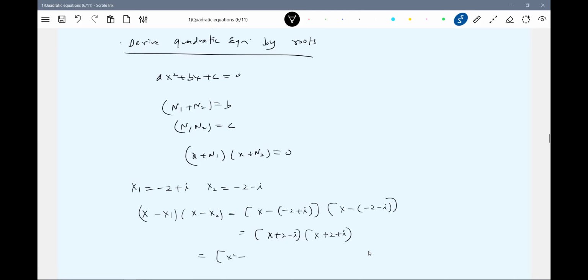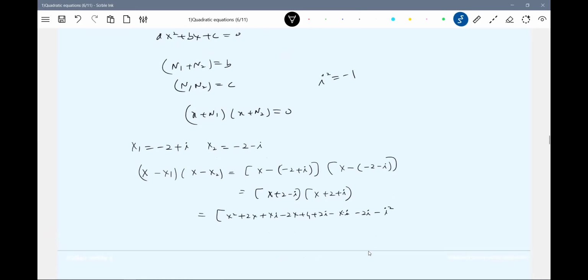That gives x square plus 2x plus xi, 2x plus 4, plus 2i, minus xi, minus 2i, minus i square. So what is the value of i square? i square is equal to minus 1.